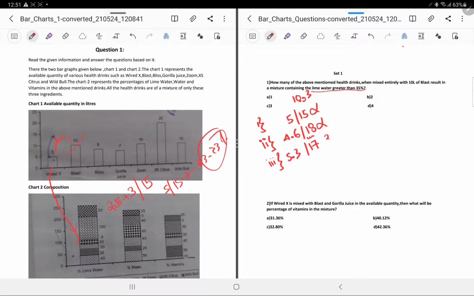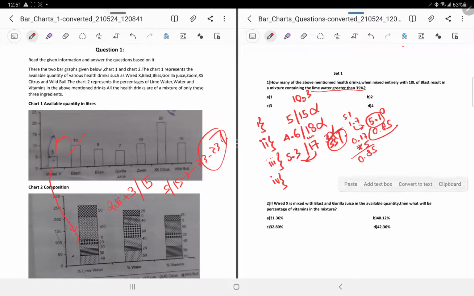See, 10% of 17 would be 1.7, so 30% would be 5.1. Now 0.17 into 5 would be 0.85. So if you add 0.85, it will go beyond. So this is not 35%. Okay, so it won't be 35%.